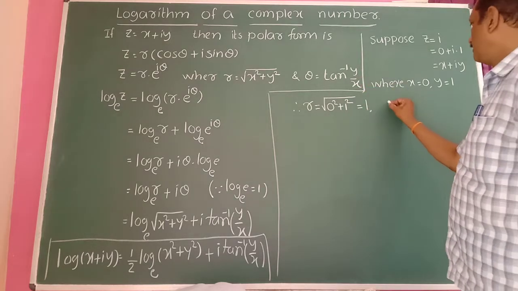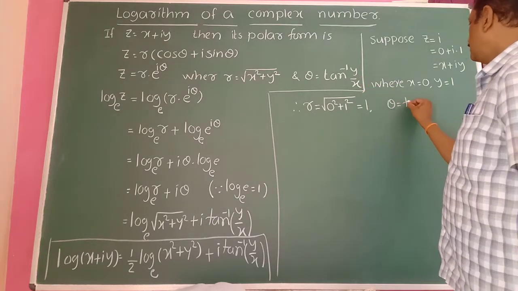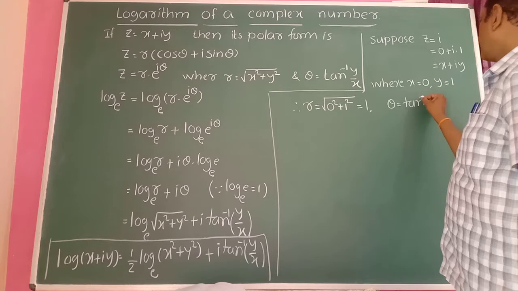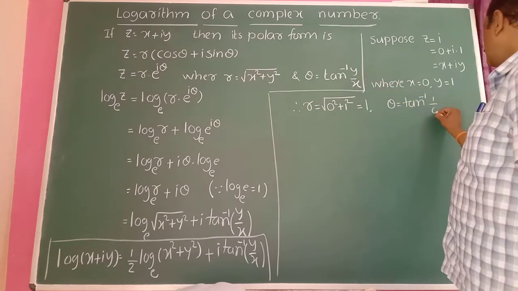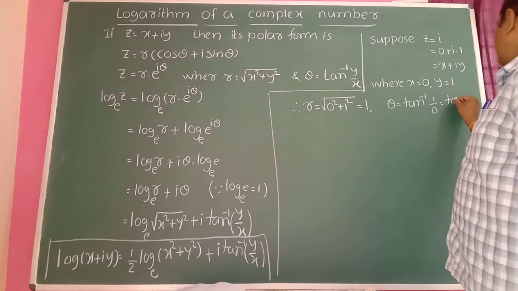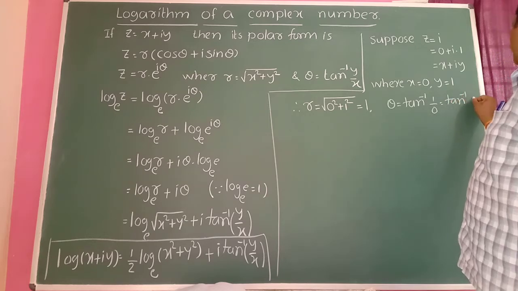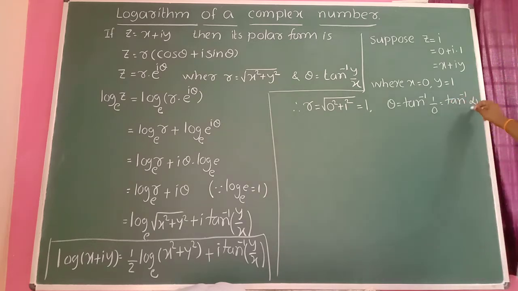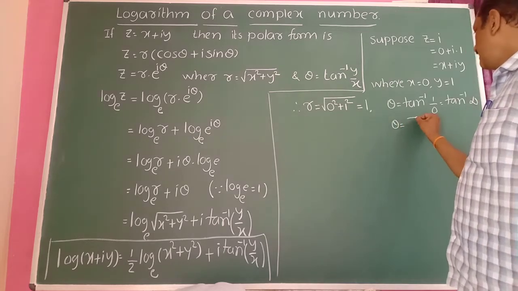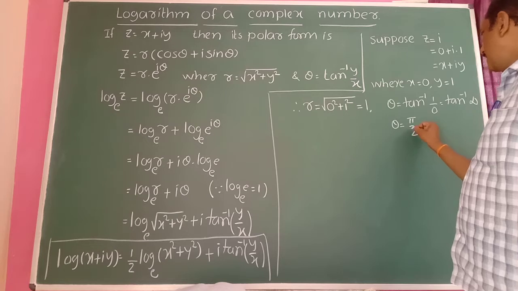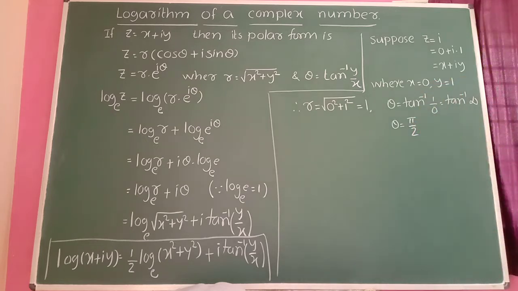And here theta is equal to tan inverse of y by x, that is 1 by 0, the tan inverse of infinity. Tan inverse of infinity value is pi by 2. So theta is equal to pi by 2. Therefore r value is 1 and theta is pi by 2.